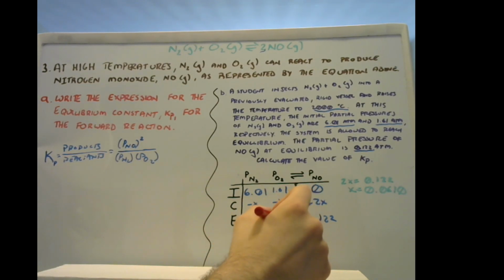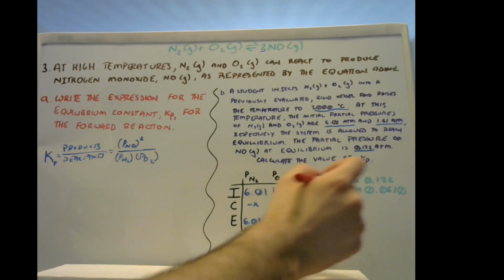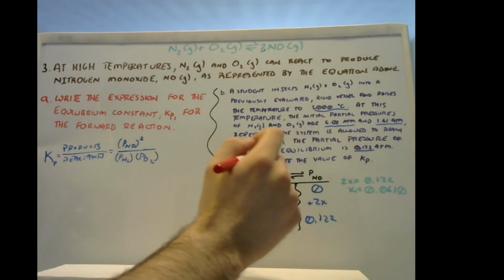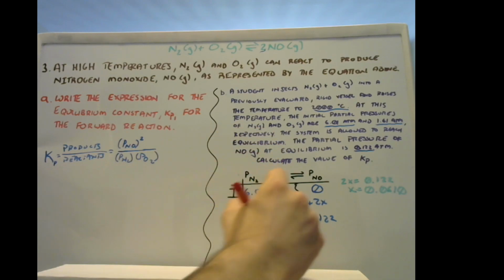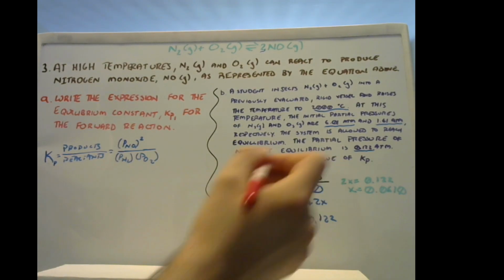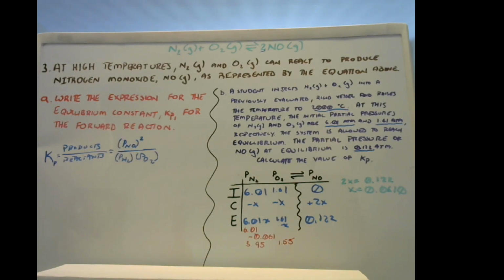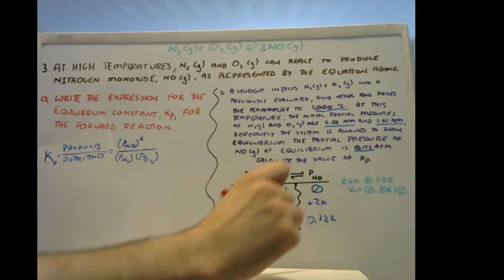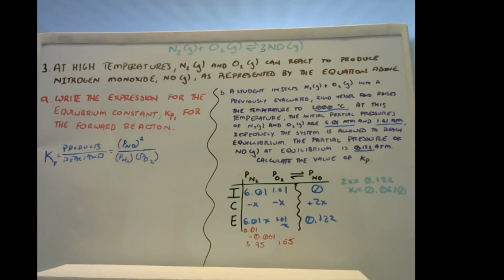This is not 1.61 minus x. This is 1.61 minus 0.0610, or proper number of sig figs, 1.55. That's still 0.122. Now that you have these values, you can go ahead and take them over here, plug them in.